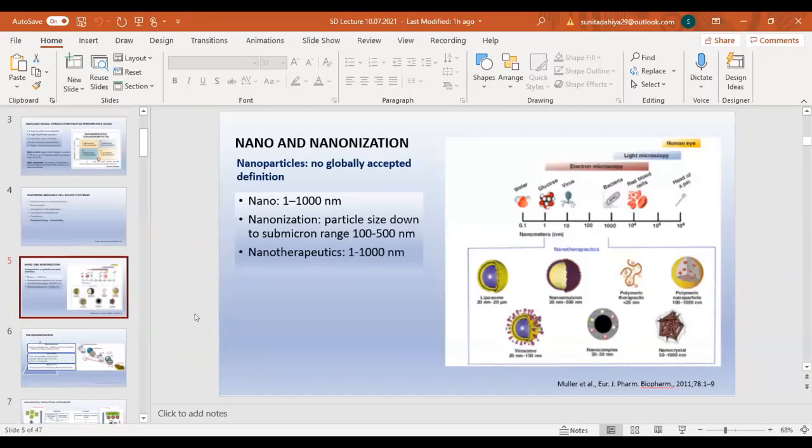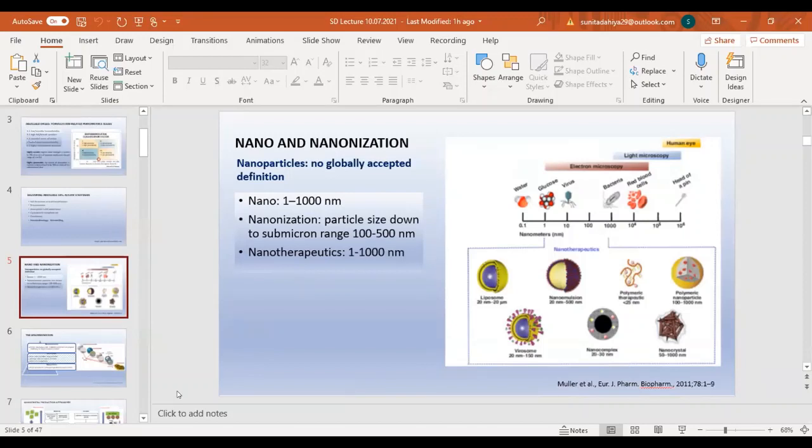Now, before going to the nanomilling, we should know what is the meaning of nano and what is meant by nanonization, right? As such, there is no globally accepted definition for nano or nanoparticle.